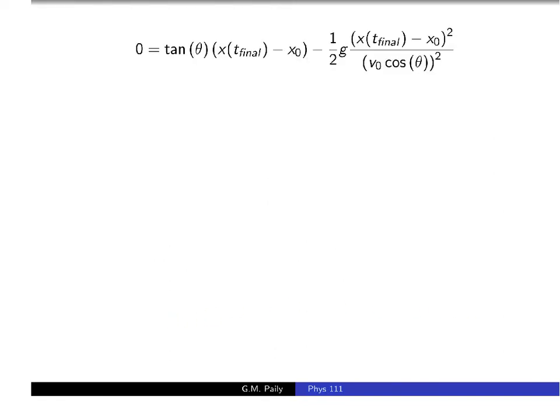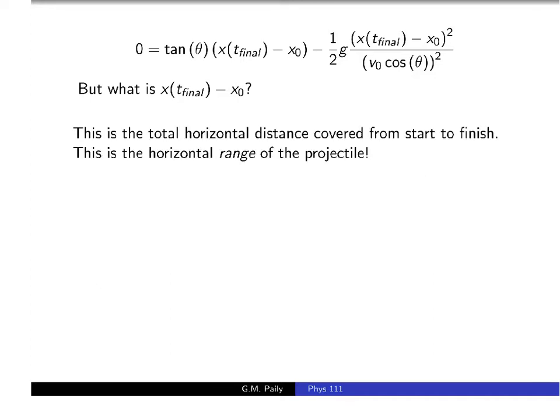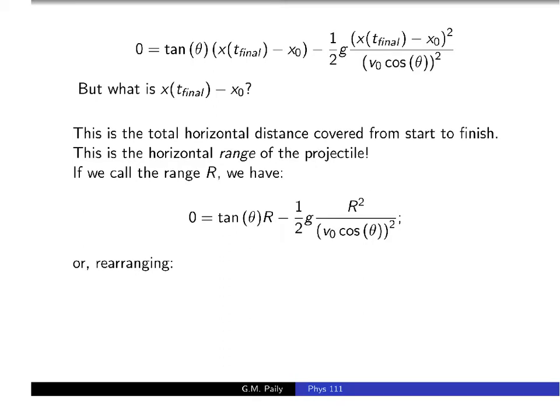This is just simply the same equation rewritten. But x at t final minus the initial position is simply the range, the horizontal range covered by the projectile. If we call this range r, then this equation looks a little bit neater now. We simply replace these terms, x final minus x naught, by r.